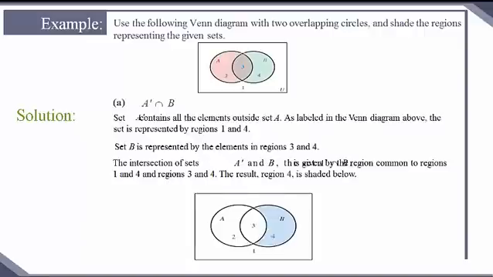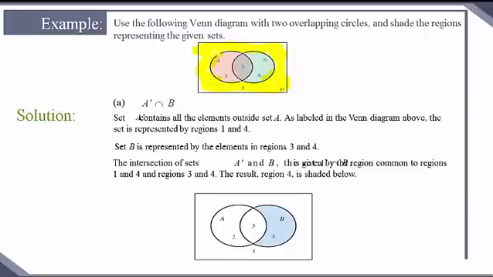So the first thing is they want us to take the complement of A and intersect that with B. Well, remember, the complement of A is everything that isn't in A but is in our universe, right? Excuse me, I didn't learn how to color inside the lines in kindergarten very well, but you get the idea, right?